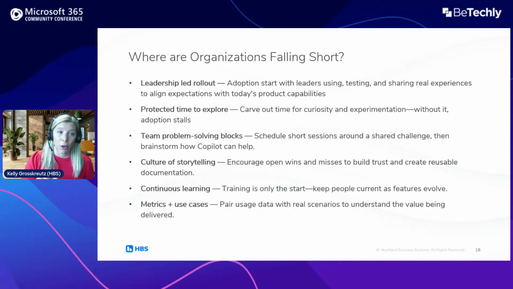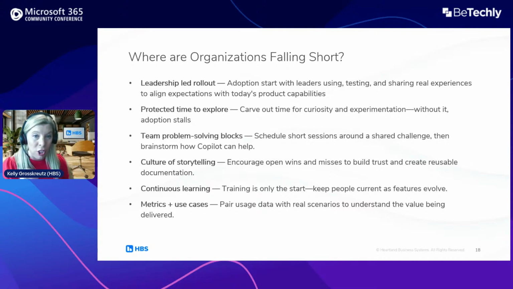The organizations that are getting it right are investing in team problem solving blocks. You might have seen these called promptathons. We used to call them hackathons when we were coding things, but ultimately these are short sessions where we align the group around a shared challenge, and then we challenge ourselves to use Copilot to solve that problem.